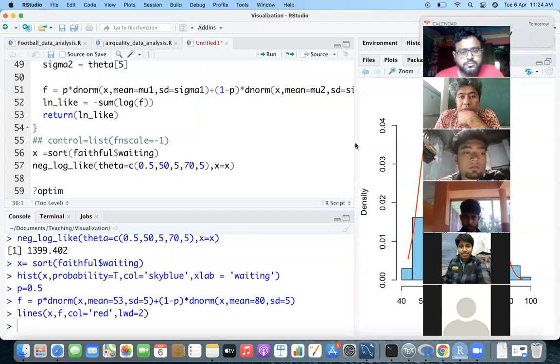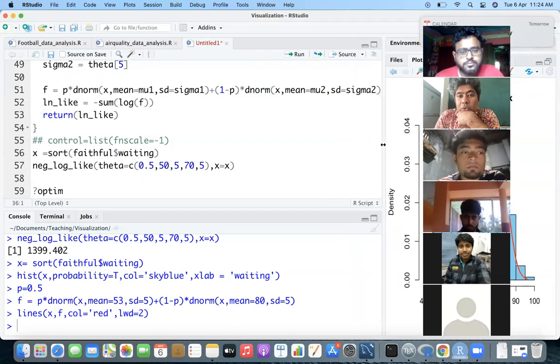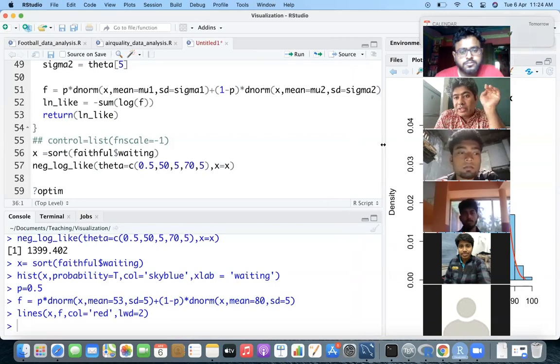So the question is, I don't have the straightforward answer for your question right now, because the distribution itself has 2 modes, but it might happen that this likelihood function has a very smooth 1 mode kind of problem. That we will explore a little later.